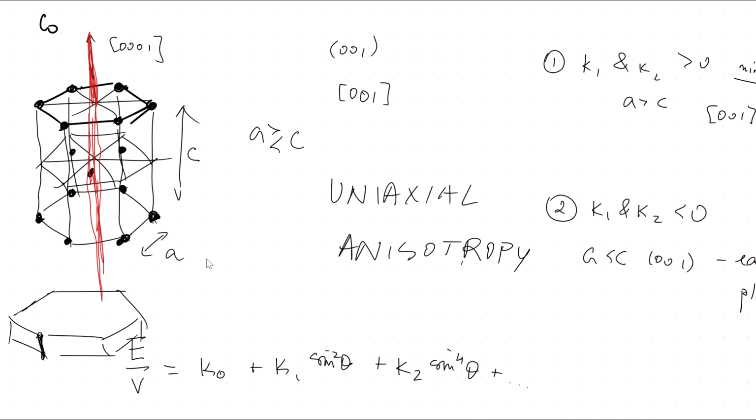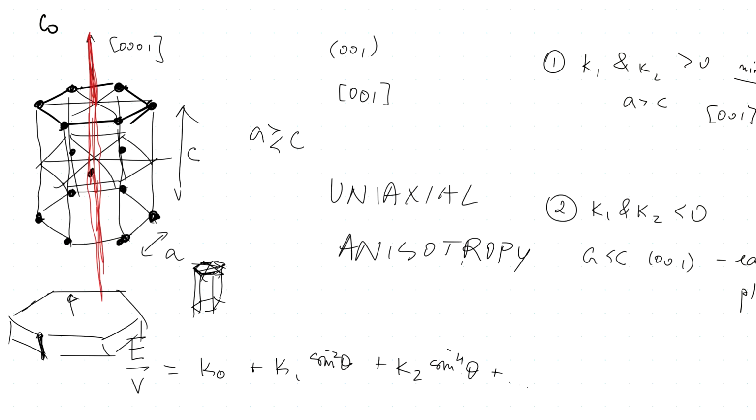However, if you take a material in which it would be rather tall, a big distance between the lattice planes than between atoms, then you would have more interaction in plane, and that would mean that this would be preferably magnetized in plane, easy plane.